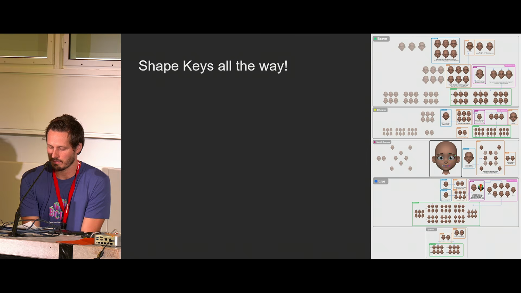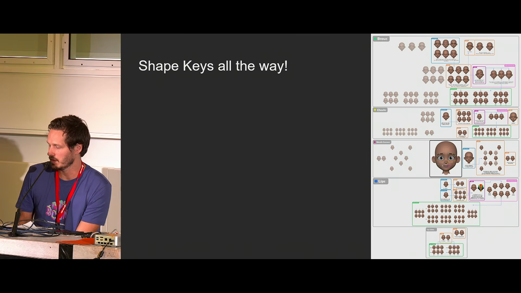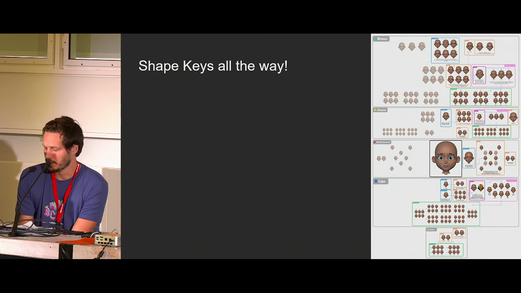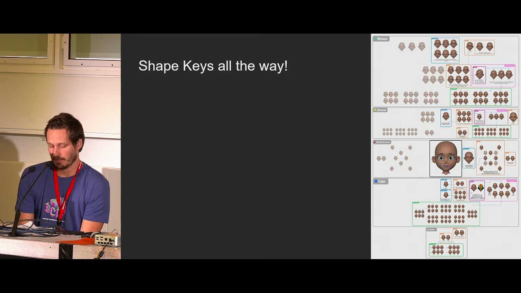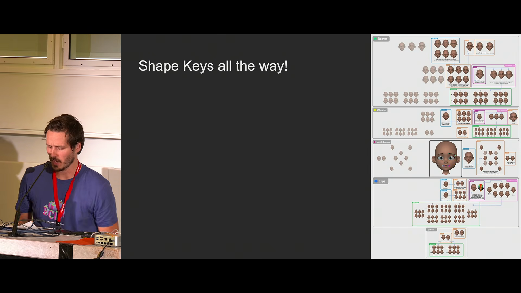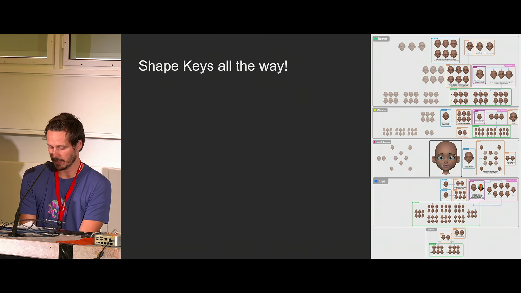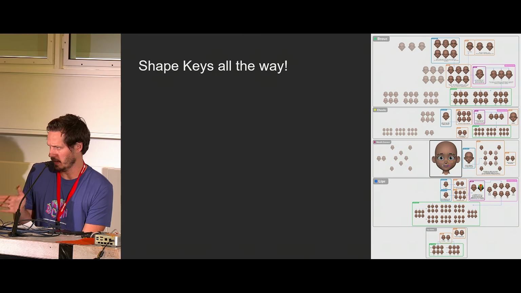But I soon found out that using only shape keys comes with its limitations, and talking to a bunch of riggers and modelers in the industry, I noticed that there's never a facial rig that only uses one type of rigging, and where shape keys are part of a system.